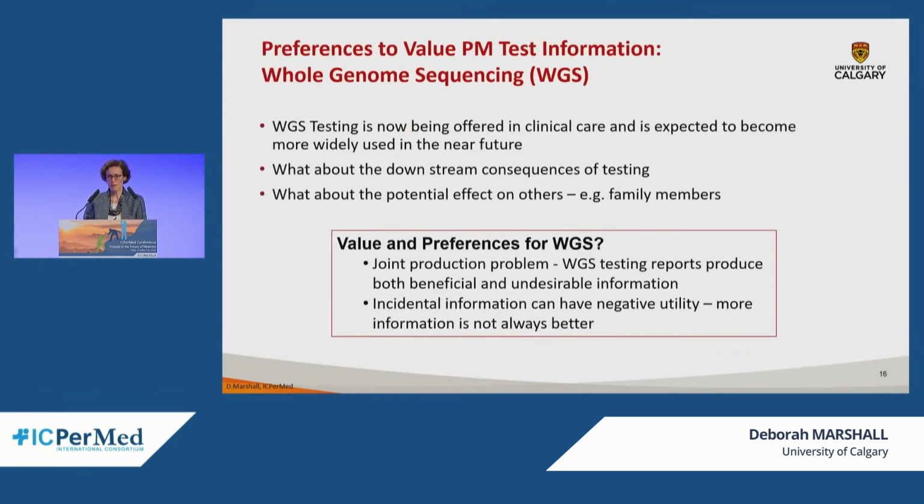So this happens to be in whole genome sequencing, and as all of you are very aware, one of the challenges is what we call a joint production problem. What we have are a lot of positive outcomes and a lot of negative outcomes or implications that could come from incidental findings, for example, and implications not only for the patient, but also for their families. So there's this sort of multiple members issue.